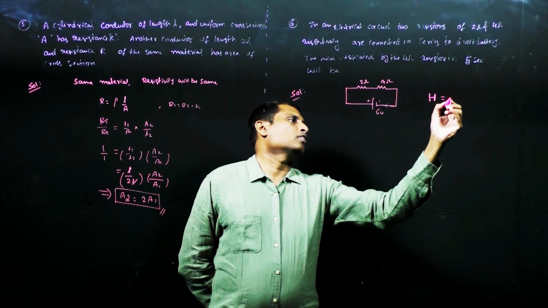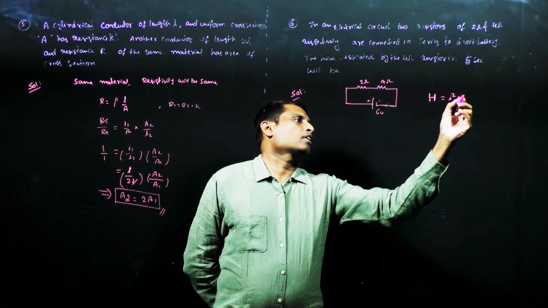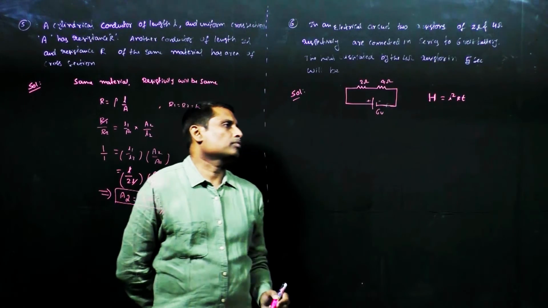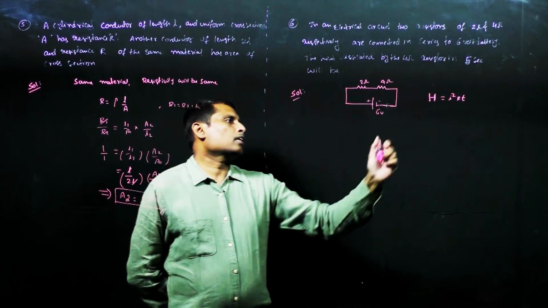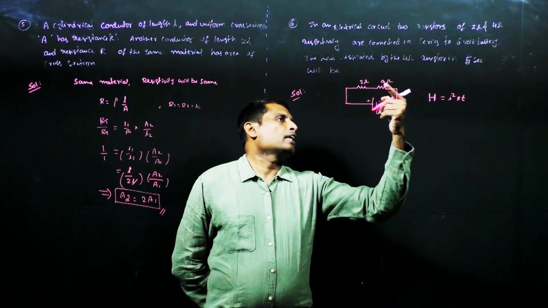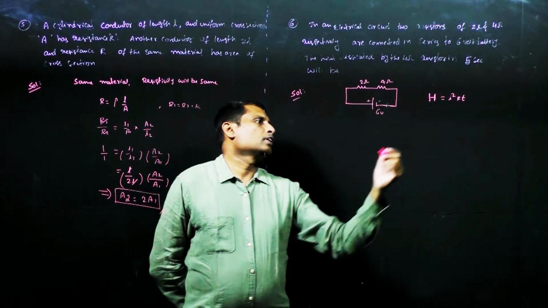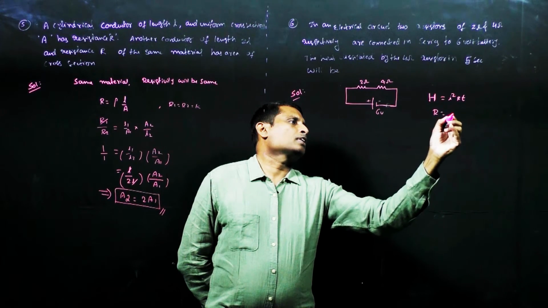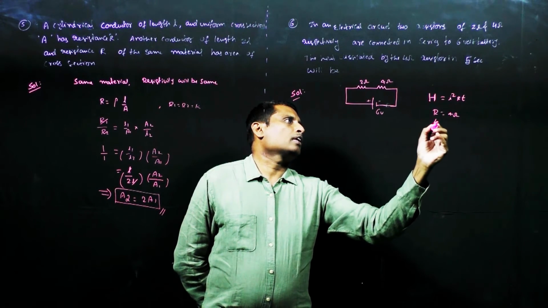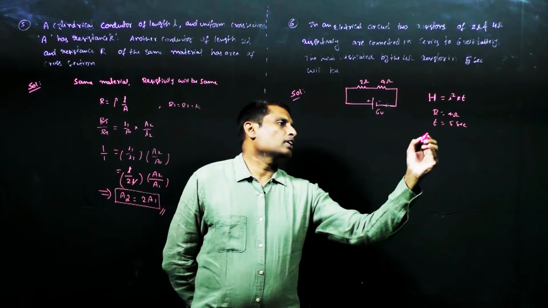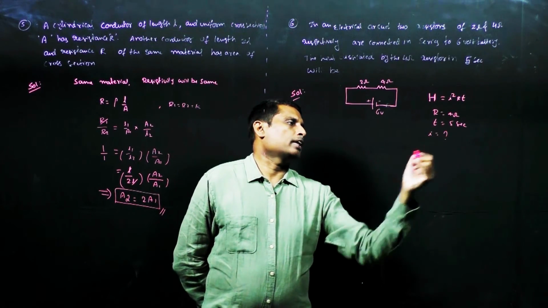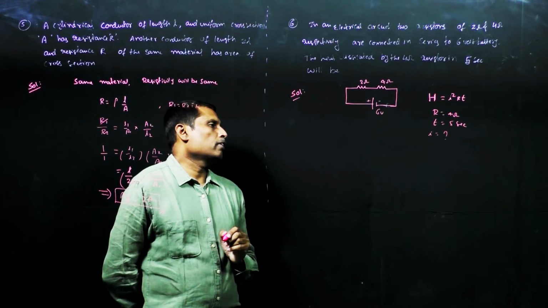H is equal to I square RT. Here the R is 4 ohms. So given R is equal to 4 ohms and the time T equal to 5 seconds. But what is the value of I? We don't know the value of I.